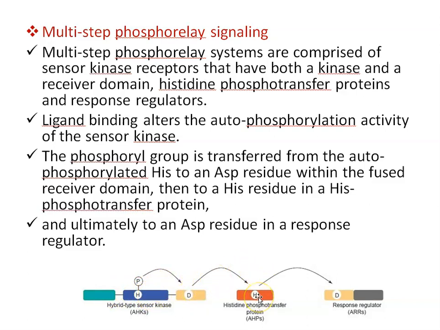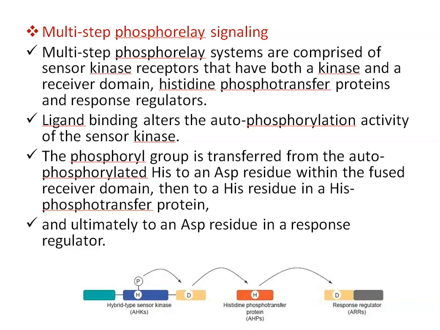Then second, histidine phosphotransfer proteins to relay the signal, here this red in color, and third is response regulator, right, for output signals. So all the three are involved here in multi-step phosphorelay signaling, right?